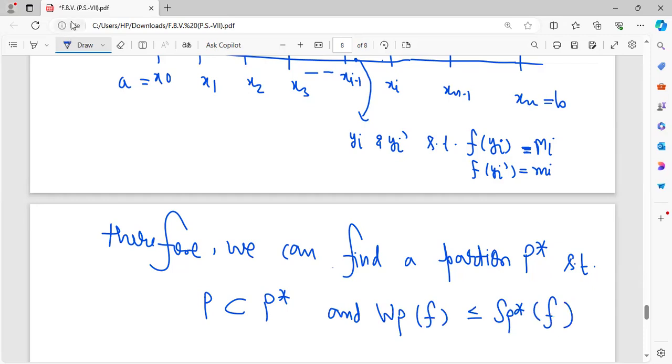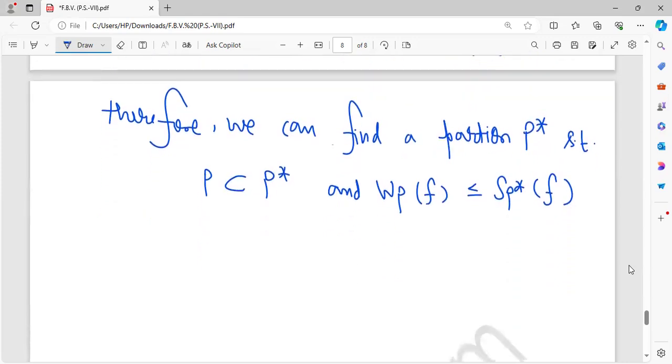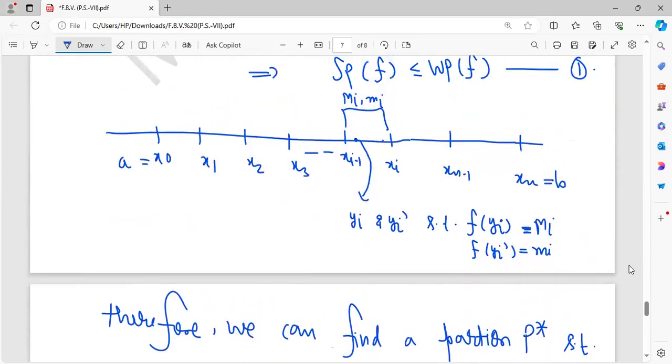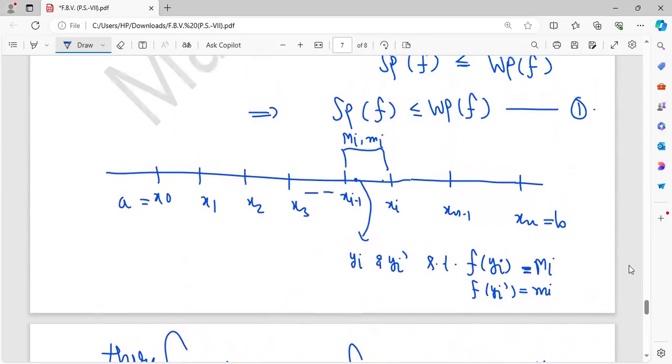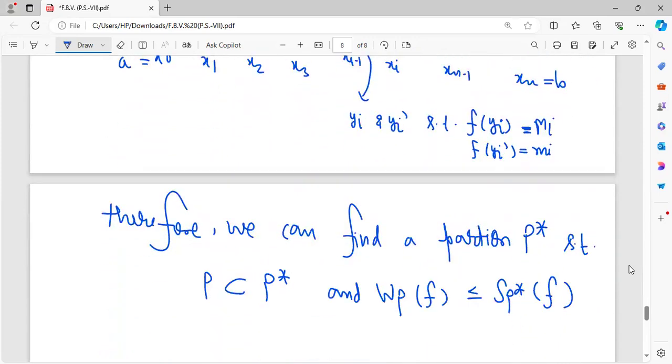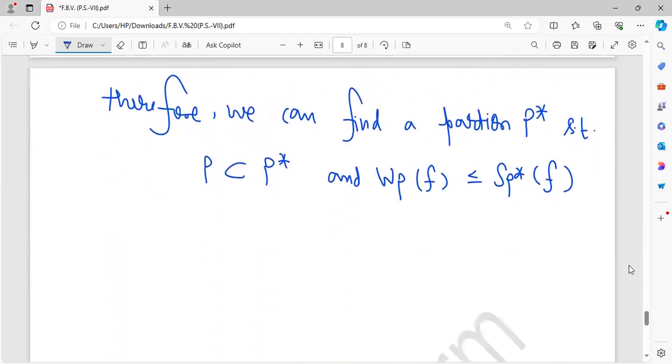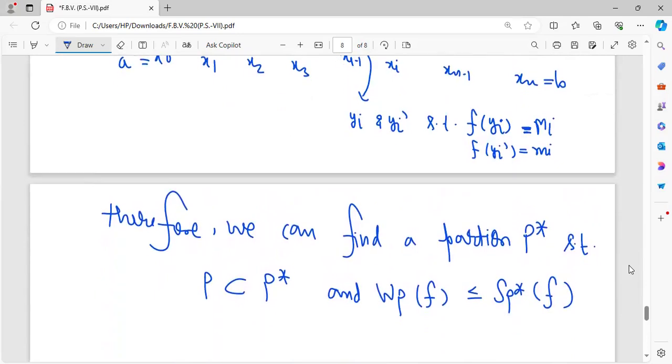Okay. So we will add these points. What will be the P star? We will add these points.